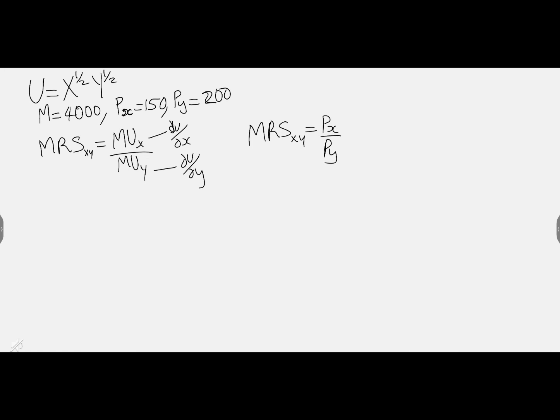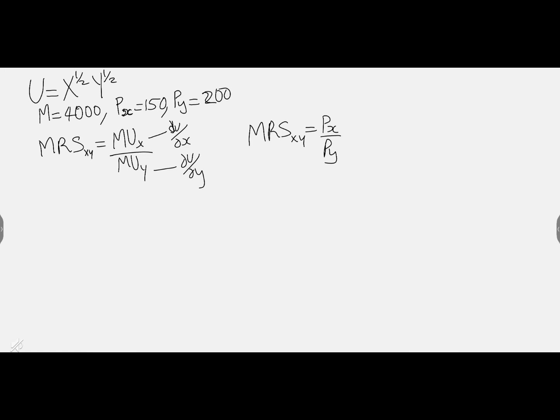Remember, this MRS is the slope of the indifference curve, and it is equal to the slope of the budget line, that's PX over PY. So instead of doing the long method of the Lagrangian function, just find MUX and MUY, then divide.